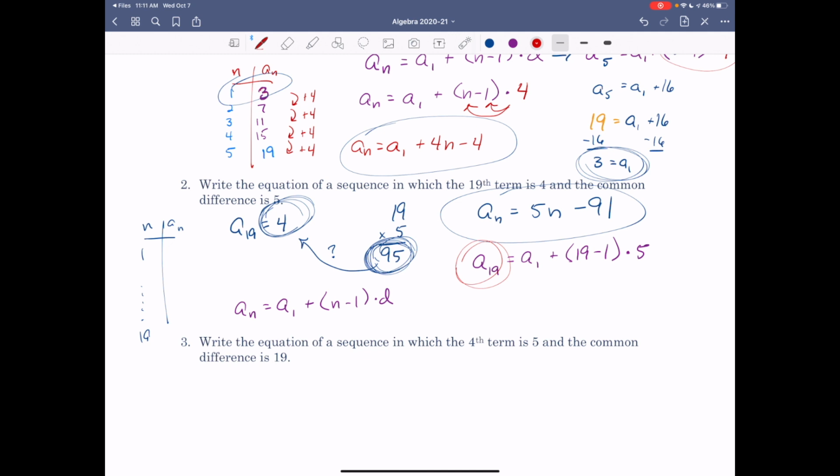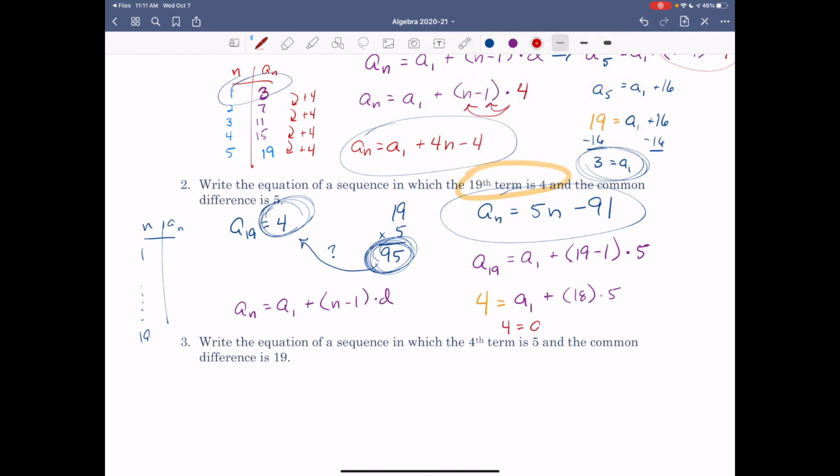What was the 19th term? It was 4, right? So what we say is 4 equals an unknown a sub 1 plus, what's 19 minus 1? 18. And 18 times 5? 90.